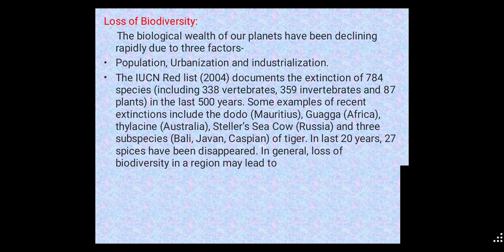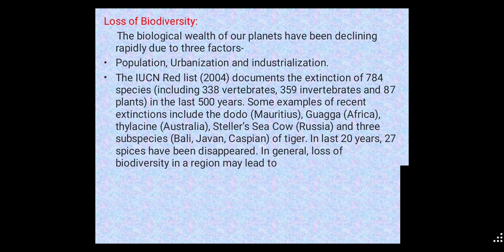The IUCN Red List means species already existing in extinct condition or in dangerous condition. In the 2004 documents, the extinction of 784 species was recorded, including 338 vertebrates, 359 invertebrates, and 87 plants. In the past 500 years, we lost these organisms.